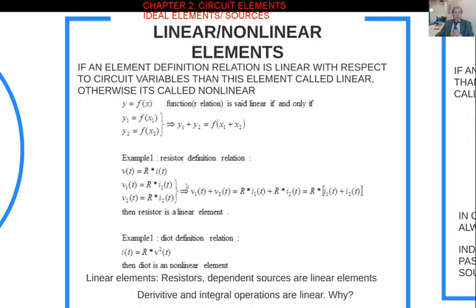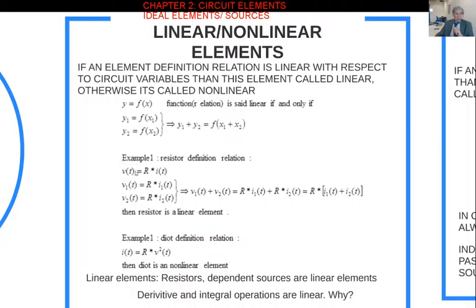So if you look at this resistor now, it is like this: V(t) = R i(t). Consider this one m, and this is the other variable. As I said here, I put a bit of stress on it, saying that the definition relation is linear with respect to circuit variables, not time. This is one of the circuit variables, this is another circuit variable.